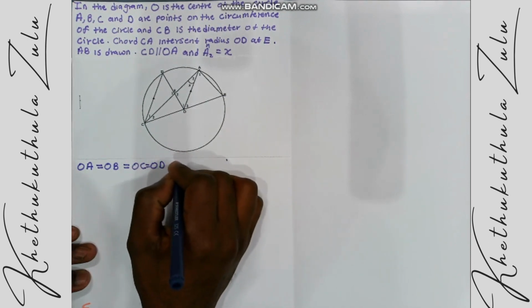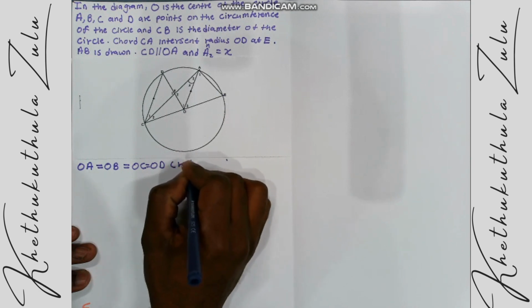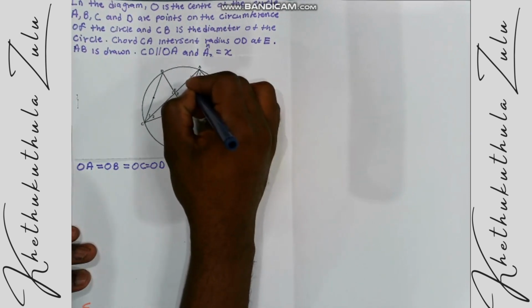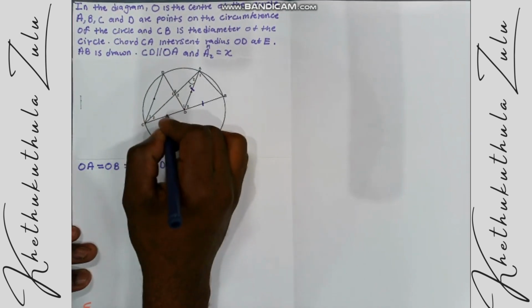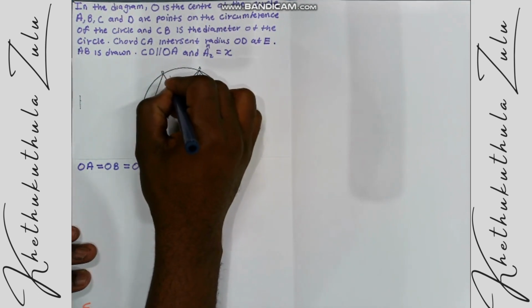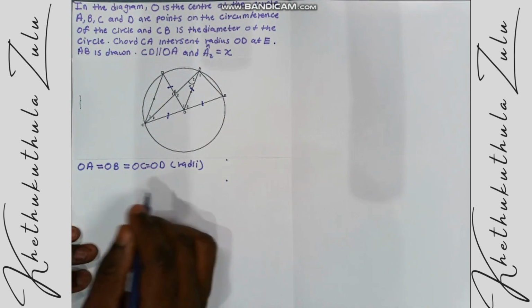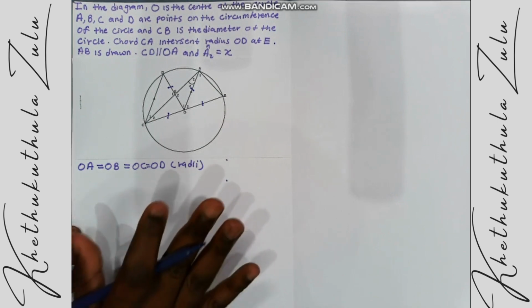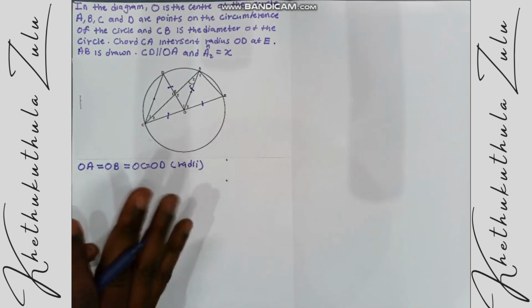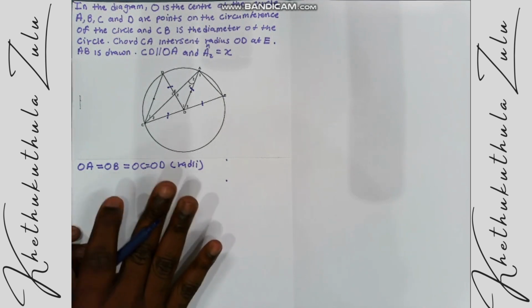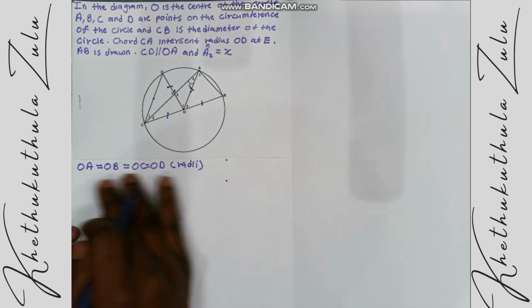All of these things are just radii. From what we have just written, there are many things we can find in terms of angles, just by saying O is a center and finding these radii.